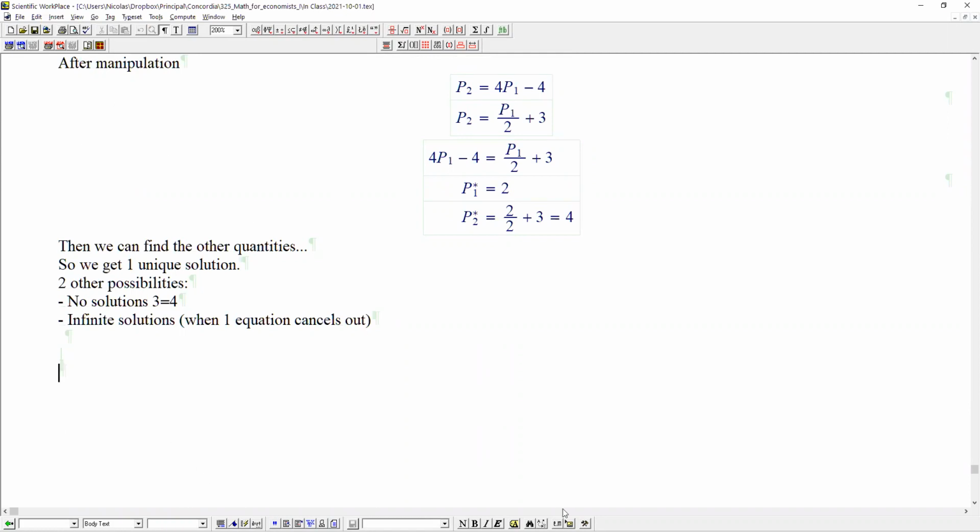So chapter 4, which I have entitled Linear Models and Matrix Algebra.